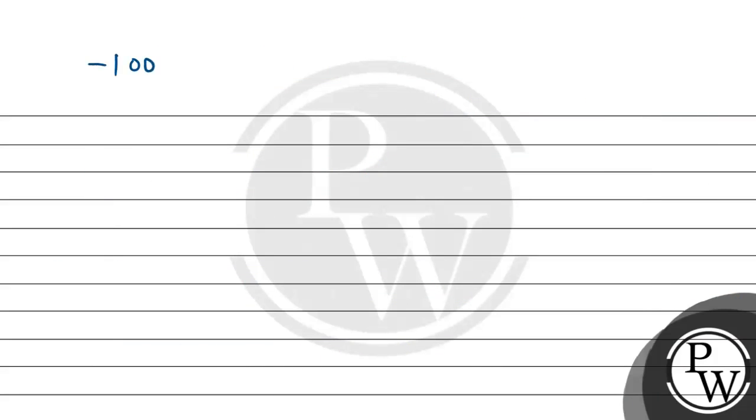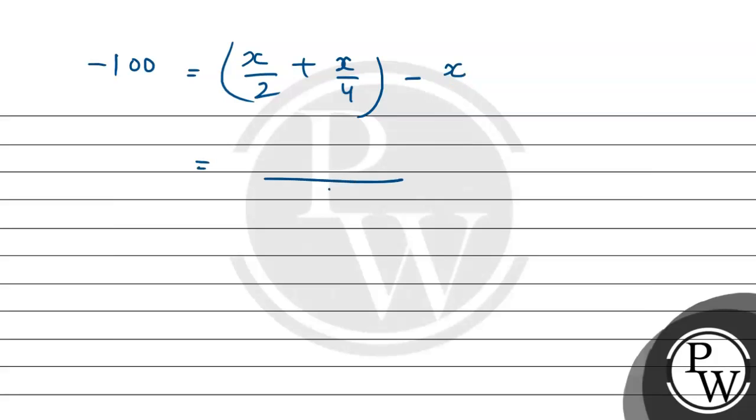So minus 100 will be equal to x by 2 plus x by 4 minus x. So LCM लेंगे हम, for this the LCM will be 4. So it will be here 2x plus x and minus 4x, and यहाँ पे था हमारे पास minus 100.